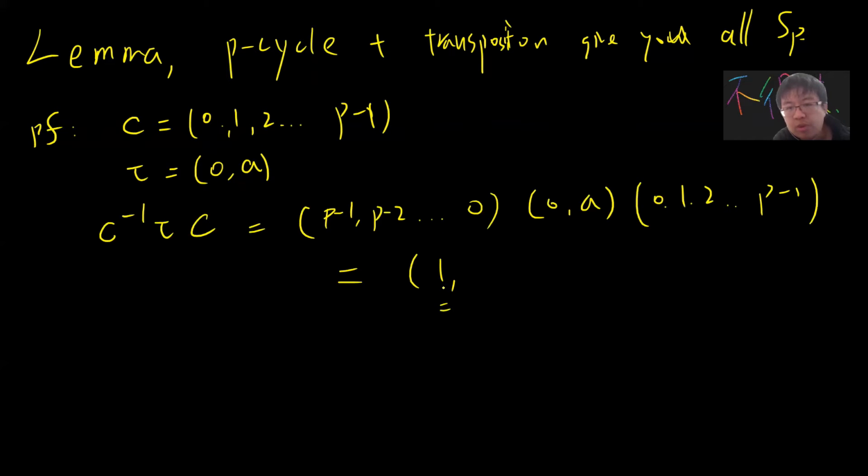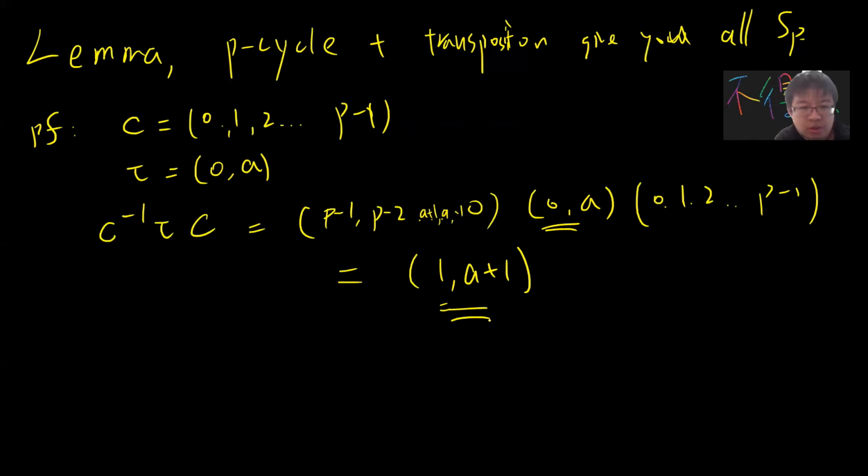Let's check where 1 goes. Let's say this is A plus 1, this is A. So A plus 1 goes to A, goes to 0, and 0 goes to 1, right? So A plus 1 goes to 1, and you can check that it's order 2, so 1 must go to A plus 1, right?